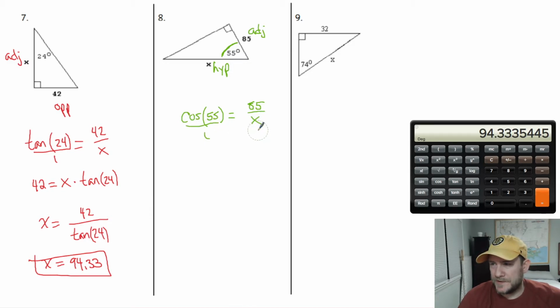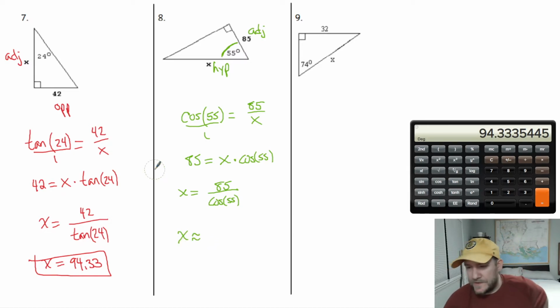So you cross multiply, and you get 85 equals x times cosine 55. So divide by cosine 55. And x is going to equal the 85 in the numerator, and the cosine 55 in the denominator.